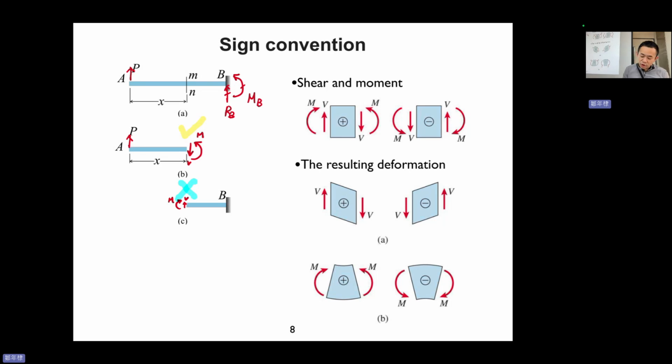The sign convention in this material course: downward V is positive, upward M is positive. And we always calculate the right-hand side of the section, not the left-hand side of the section. So be careful, be careful.